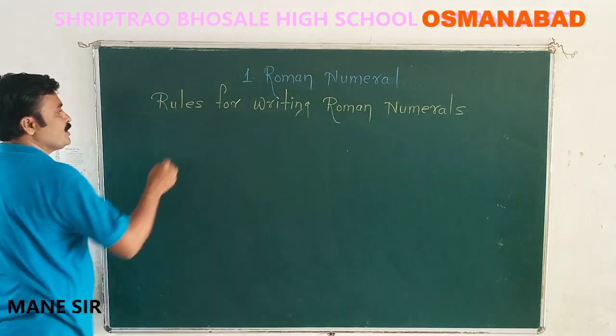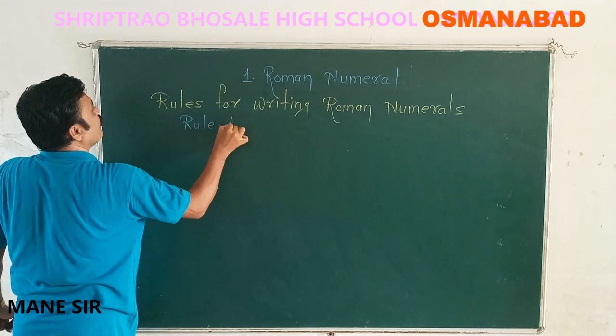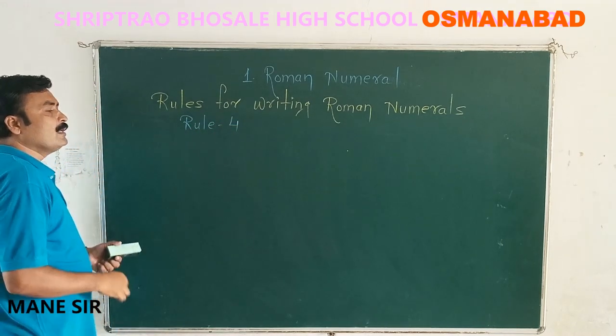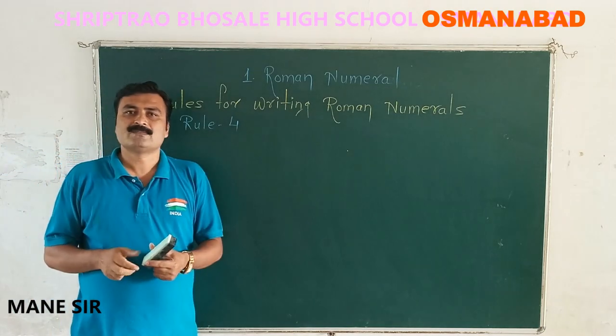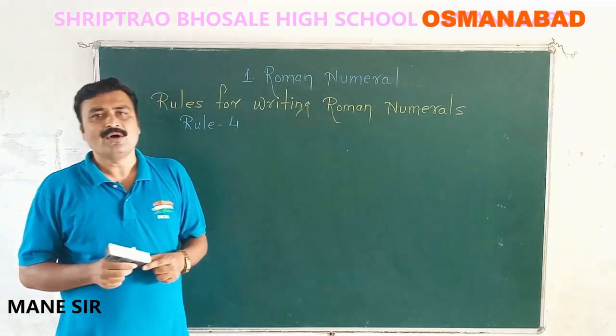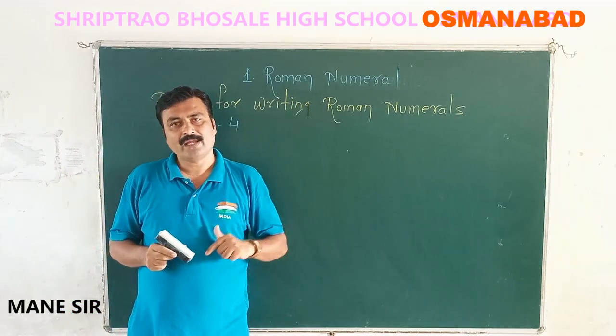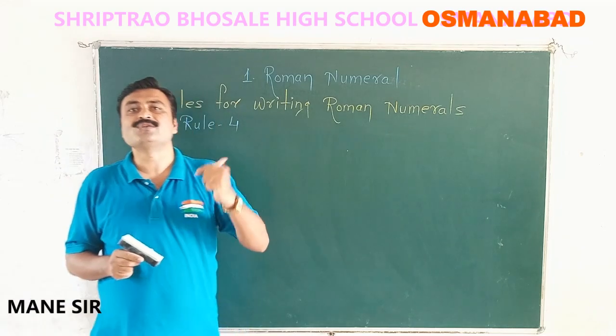Here I am writing the heading rule number 4. Now, rule number 4 is based upon the expansion of the number. So, by using the expanded form of any number, we can write those numbers into Roman sign.